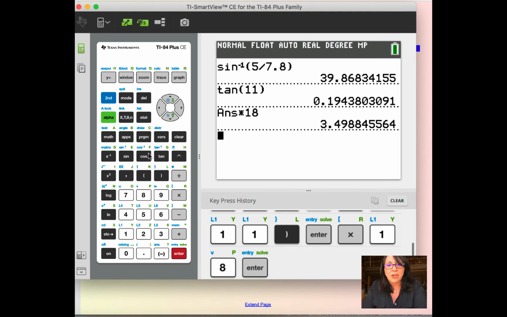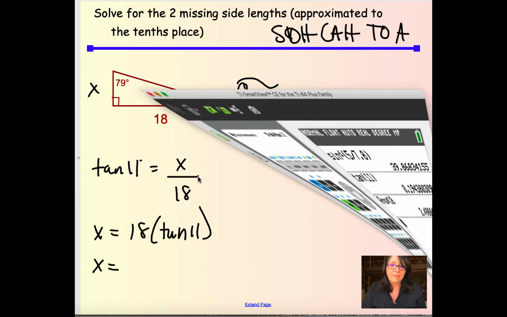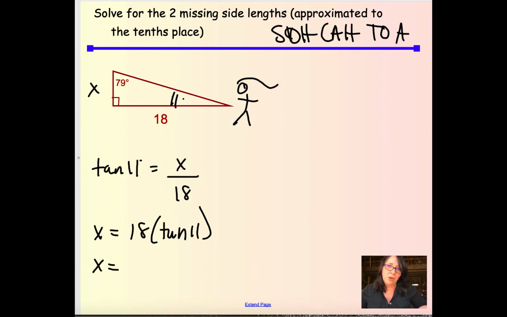Remember, though, that you're not using arctangent because you're not trying to find an angle. You only use arctangent when you're finding an angle. That's it. So about 3.5 is where we're at, okay? So right now, we know that x is about 3.5. So I'm going to make this 3.5.